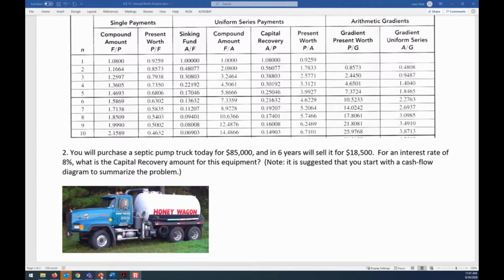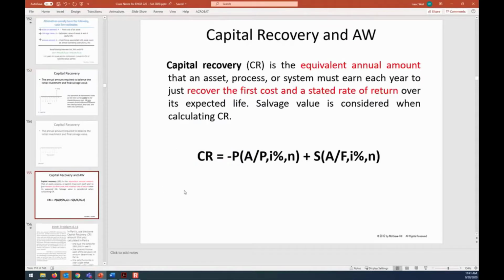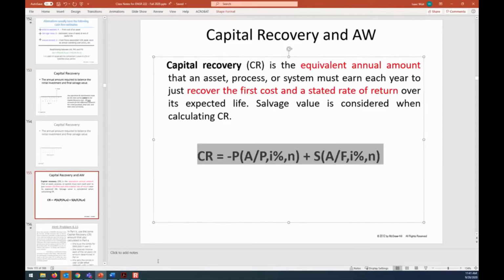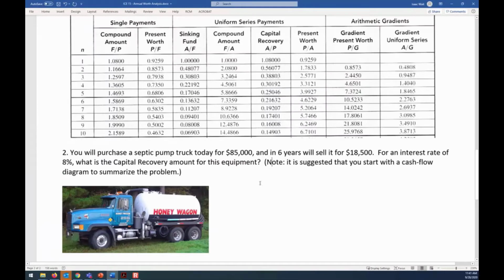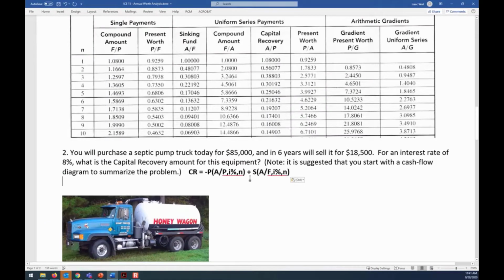All right, so let me remind you of the equation that you should use in case it's not already immediately obvious. This is the equation. Let me see if I can paste it right over here. There we go. Okay, so what you need to do is find the annual equivalent of the present value.